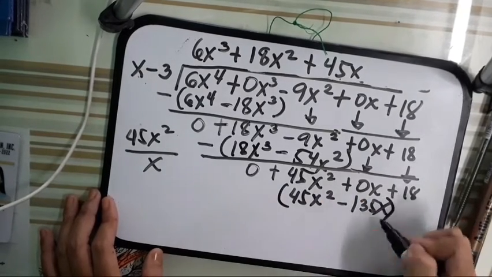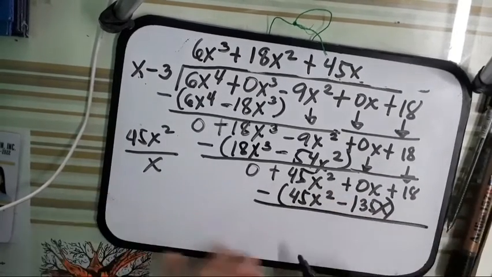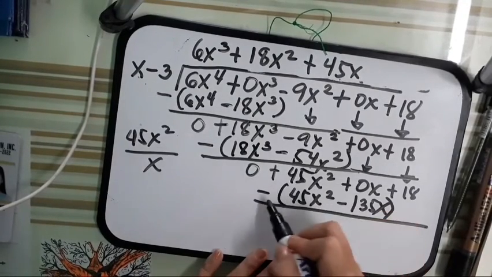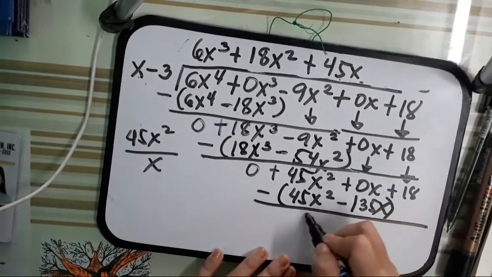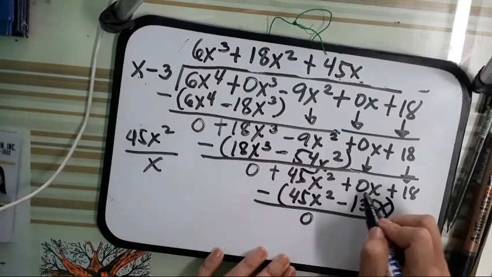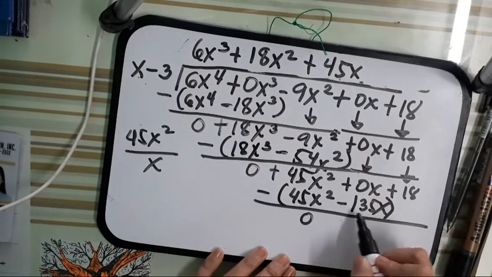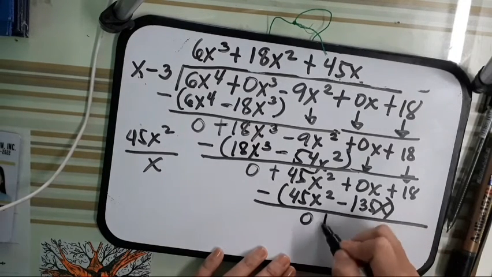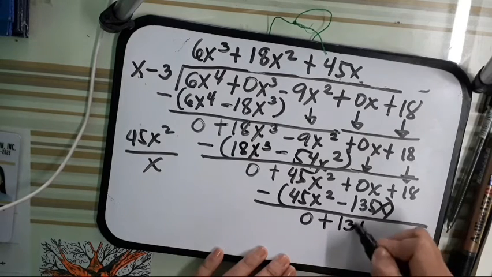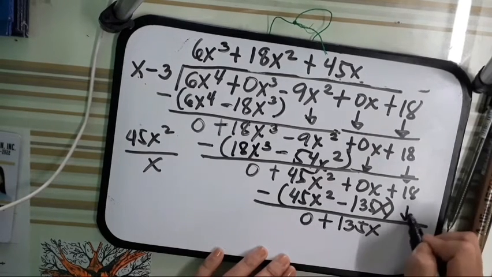Then we subtract again. So the answer is 45x squared minus 45x squared is 0. Positive 0x minus negative 135x is equal to positive 135x. Bring down 18.